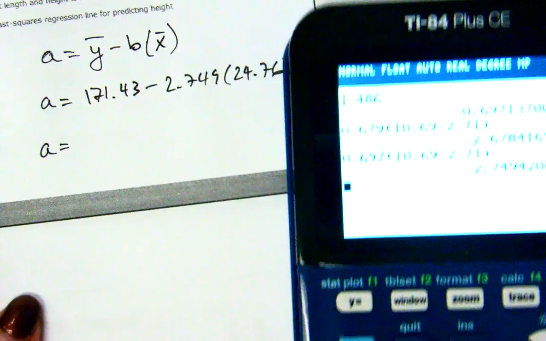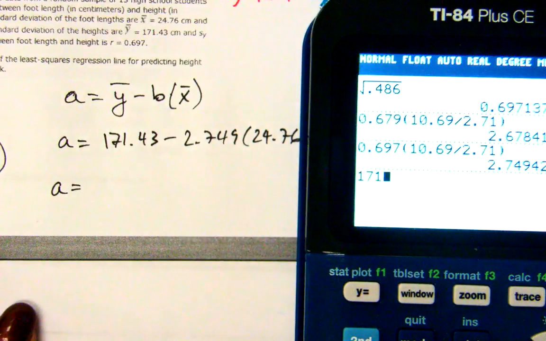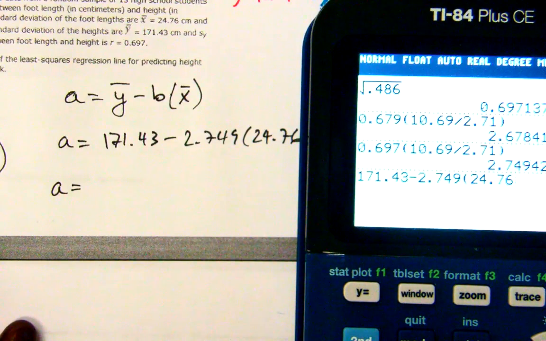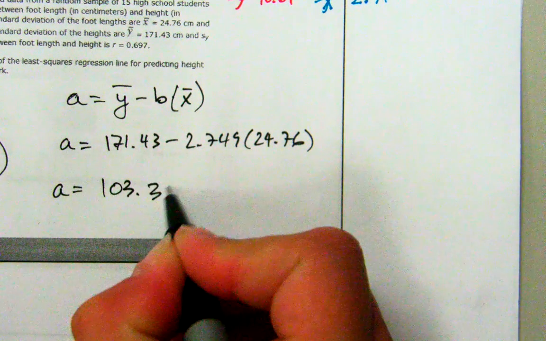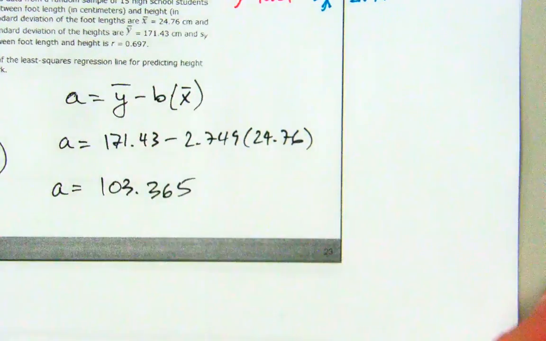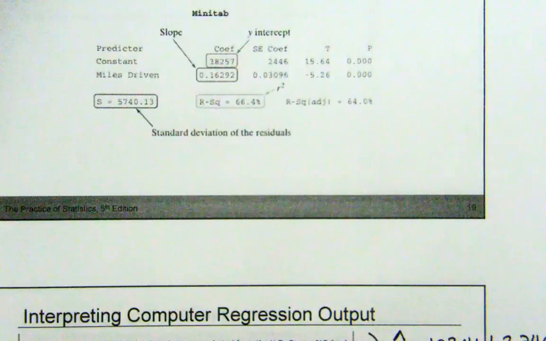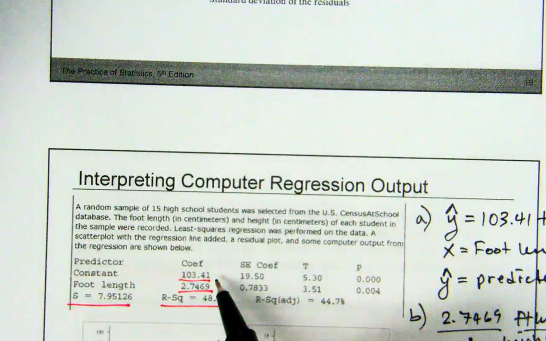And we were supposed to get 171.43 minus 2.749 times 24.76. And we get 103.365, which is hopefully close to what they got, 103.41.